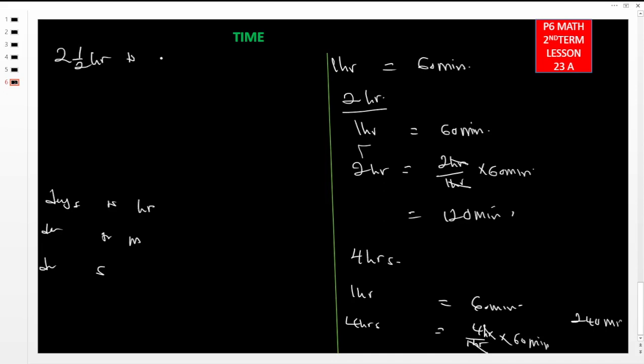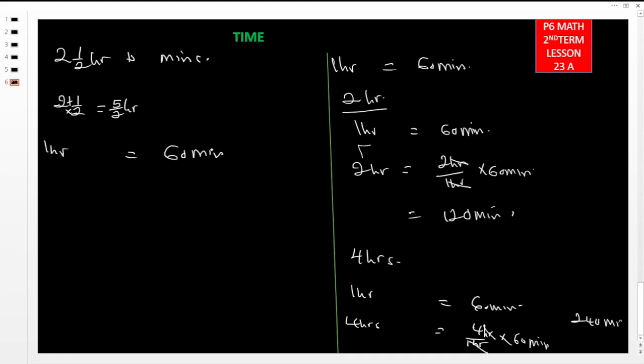So if we are given to convert 2.5 hours to minutes, what is this one? The first step to do is to convert this one into an improper fraction. 2 by 2, 4 plus this one, 5 out of 2 hours. So our leading statement, 1 hour is equal to 60 minutes. Then how about 5 out of 2 hours?